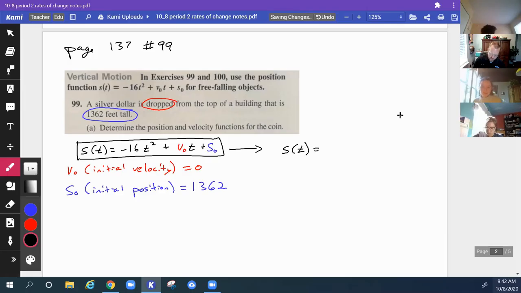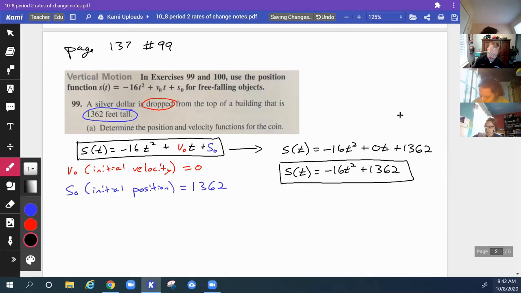S of t is going to be negative 16t squared plus 0t plus 1,362. So S of t is going to be negative 16t squared plus 1,362. That is my equation.